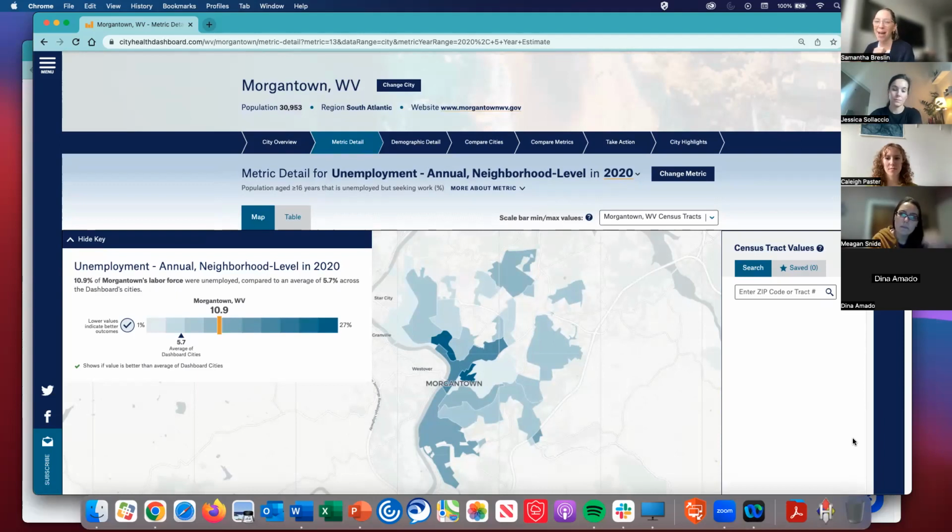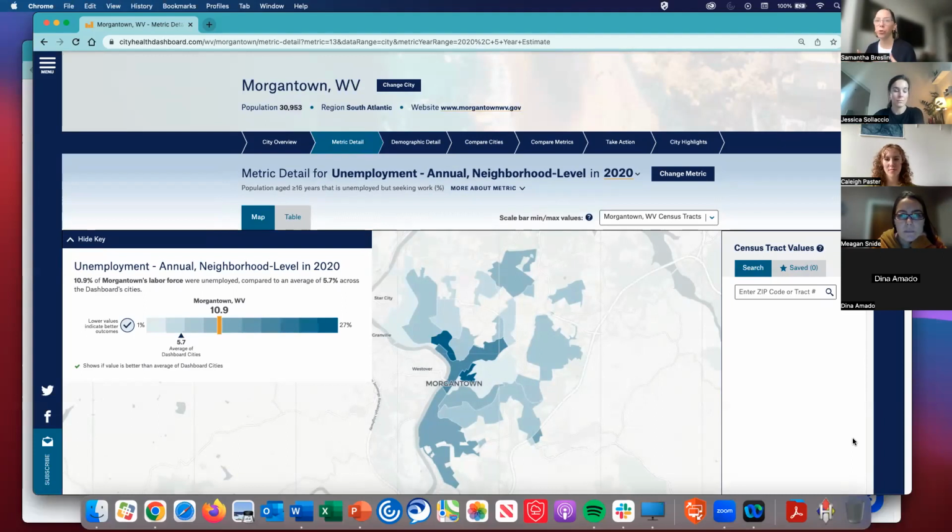Obviously, the map changes depending on the metric and the city, but all of our signposts carry through across metrics and across cities. So it's really user friendly and really can meet people where they are across their data journey.